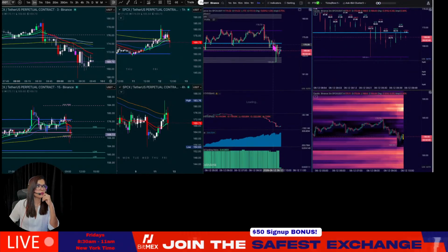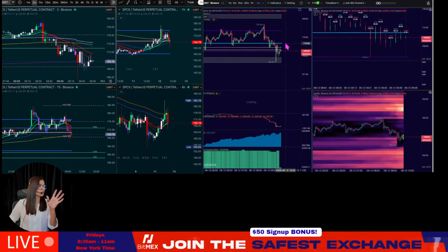I needed to break the initial balance high and low, this little area over here. And I needed to break the POC with a market structure break. So the POC is 172.69.